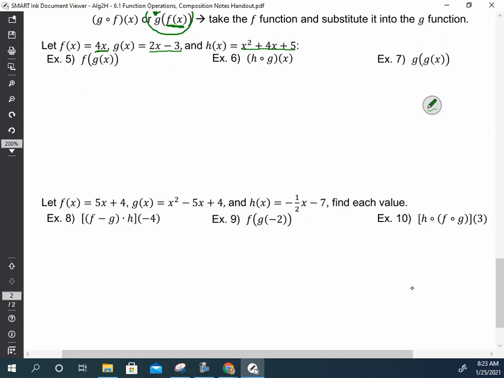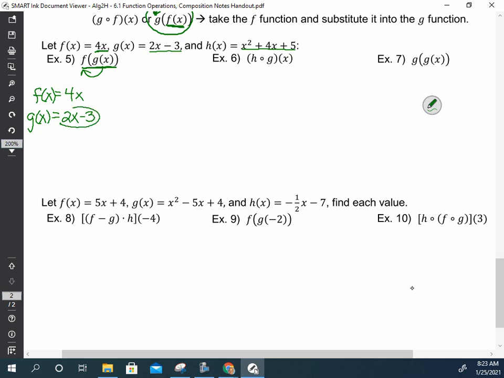Example 5, we have f of g of x. That means we're going to take the g function and plug it into the f function. So you have f of x equals 4x, and g of x equals 2x minus 3.